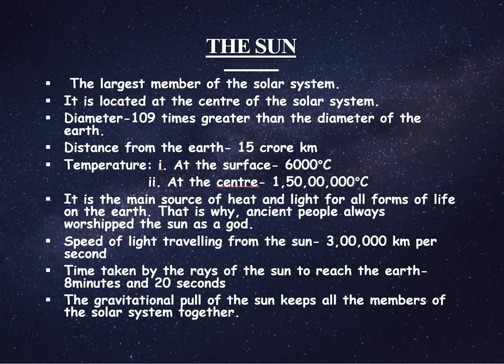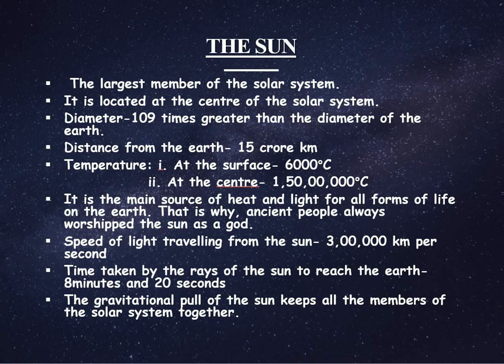The temperature, as we know that it is a hot ball of fire. Since childhood, you have been learning about it in essays that the sun is a star, it is a hot ball of fire. So the temperature at the surface of the sun is 6,000 degrees Celsius, and at the center is 1,50,00,000 degrees Celsius.